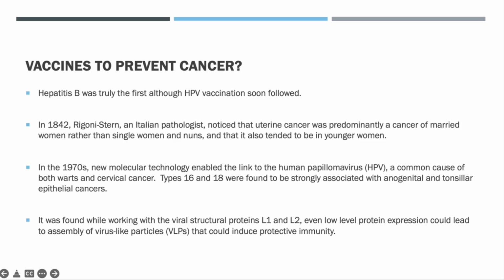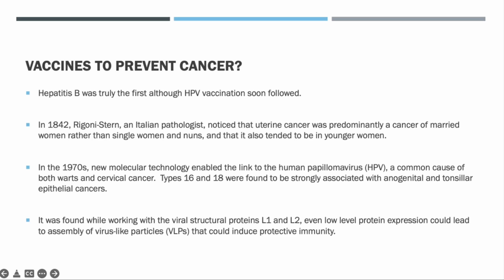Another development around this time was the idea of vaccine as a tool to prevent cancer. Hepatitis B was really more so the first one that could have a benefit in reducing cancer, namely liver cancer. Although possibly the human papillomavirus vaccination is what we more famously associate with that.